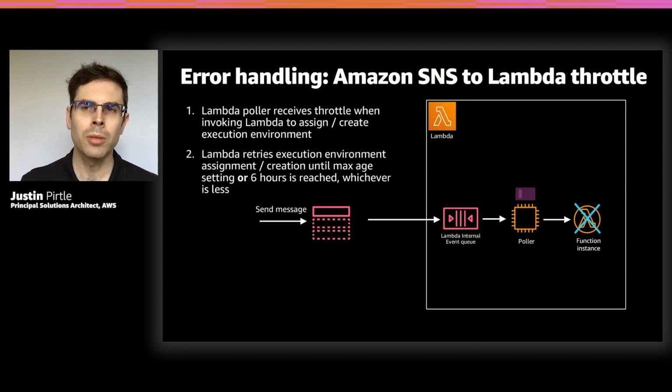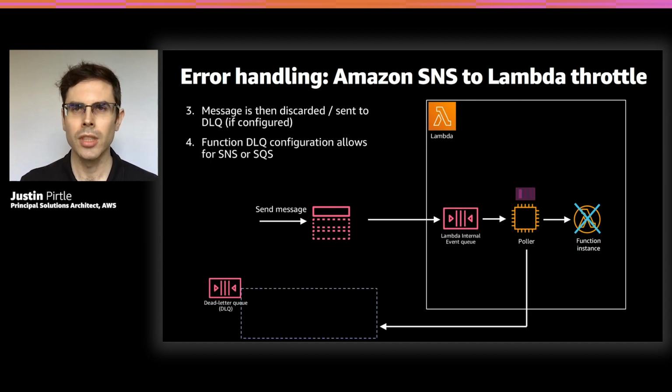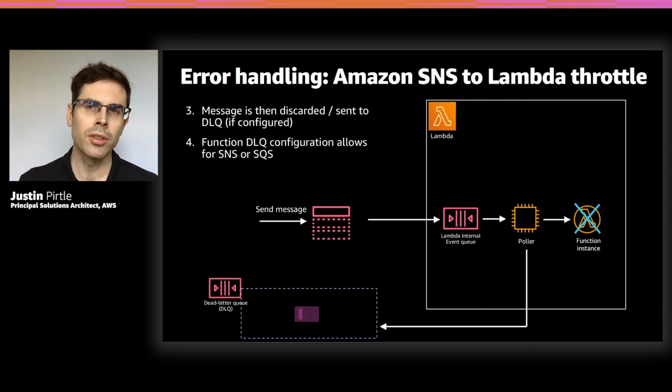That will determine when the poller will give up. And just as before, if it's tried more than once and it has to give up, then it can go ahead and discard that message into a dead letter queue or on-error destination of your choosing. And so we highly recommend always configuring a dead letter queue on any SNS or asynchronous event source, because that will ensure you never lose a message.